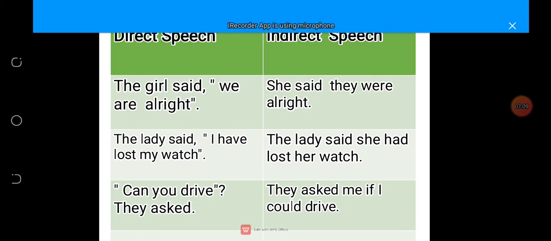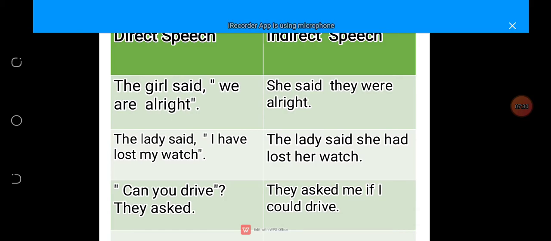Then the last one we have, "Can you drive?" they asked. This statement, even though the subject there is missing, it is obvious that they are talking to someone.